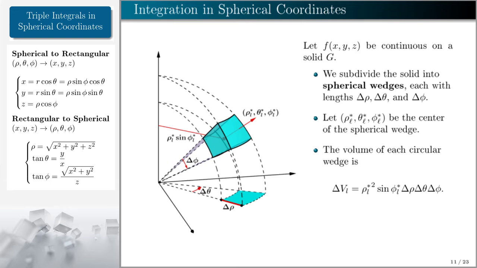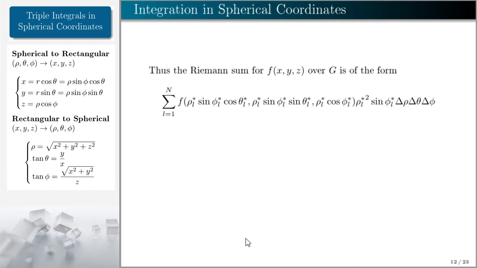Because of this fact, if I add all of these spherical wedges that I used to cut my solid, then the Riemann sum will be given by this formula, the summation of, this was the volume before, while f evaluated at this very complicated quantity will be my density.